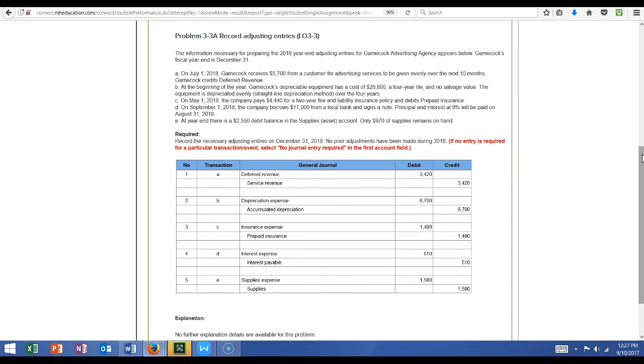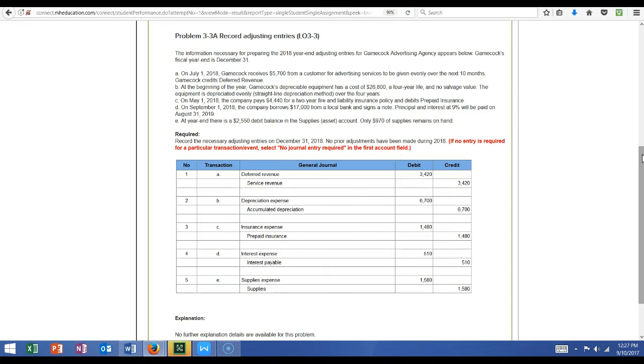So what we're going to do here is go through each one of these and describe the journal entry. Now, I see a couple more people are on, and this will be the same journal entry for you. The numbers might be different. And so, Elena, if you have questions, you can type in and I can work with you also. But it's going to be similar journal entries. Our numbers may be different.